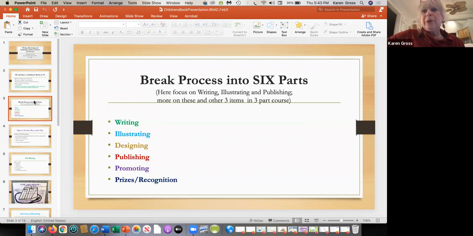And lastly, there's what I'd call prizes and recognition. There are lots of ways that children's books get recognized, lists of good books for children to read, trauma-sensitive children's book lists. There are a variety of prizes that are given, both prestigious ones and then ones that are really nice, but not as prestigious. So what we're focusing on here tonight is the writing, illustrating, and publishing of children's books.